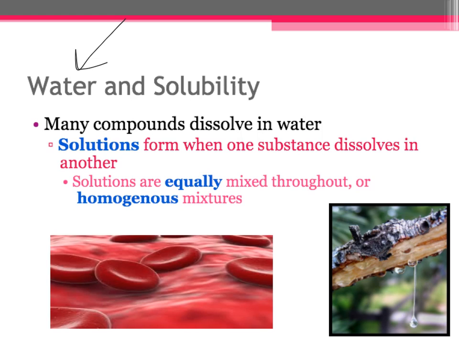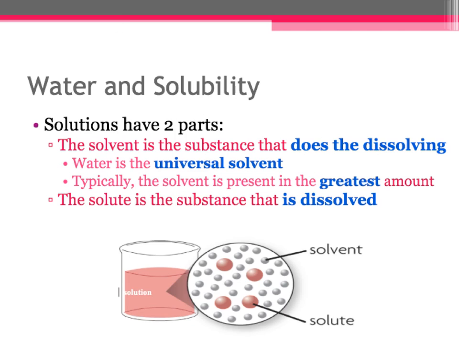What is dissolving in it are going to be the particles, let's say like salt. Those then would be referred to as the solute. And here we go. Here's a diagram of what I just talked about, a better diagram than my little scratches. We have the solvent that is doing the dissolving, and the solute is the particle that is being dissolved.